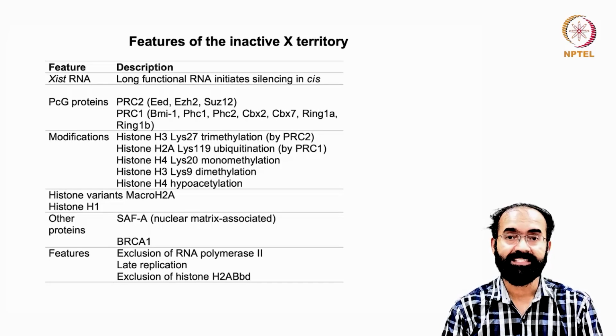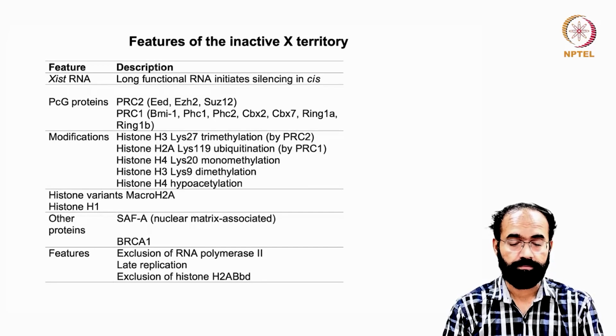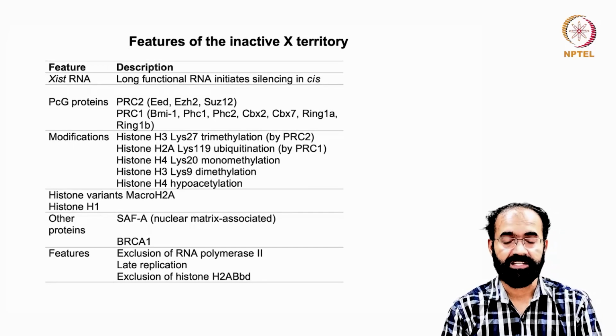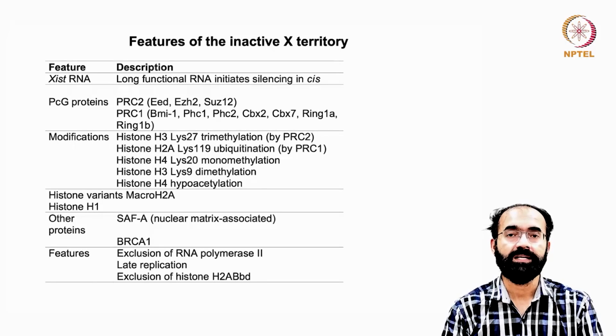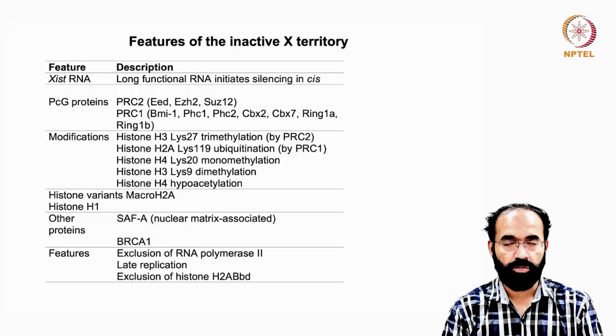Histone 3 lysine 27 trimethylation, mainly done by the PRC2 complex, and histone 2A lysine 119 ubiquitination, mainly done by PRC1, and histone 4 lysine 20 monomethylation, histone 3 lysine 9 dimethylation, and histone 4 hypoacetylation. These are some of the related changes that take place at the histone level.